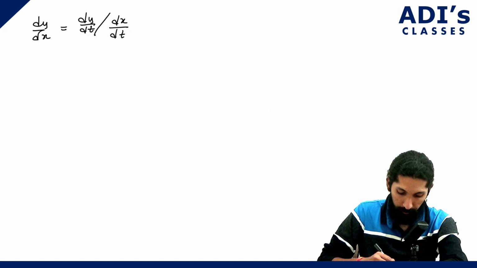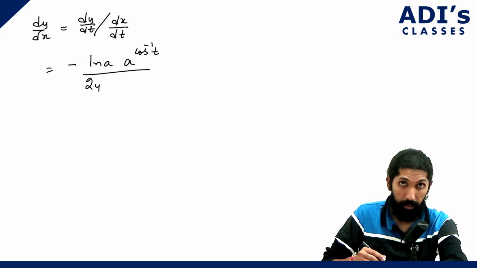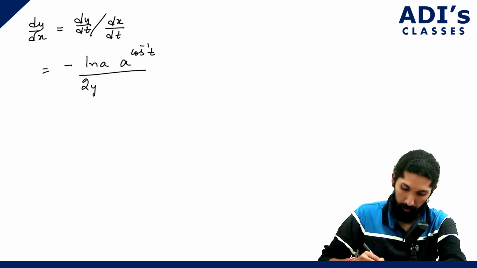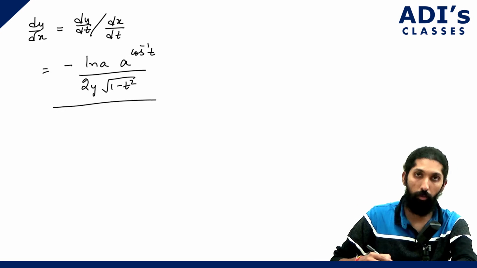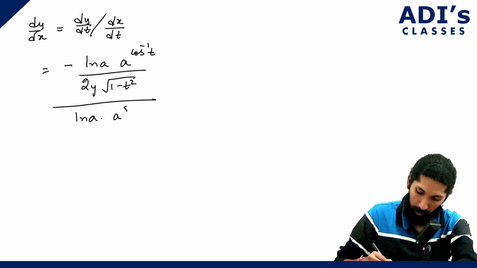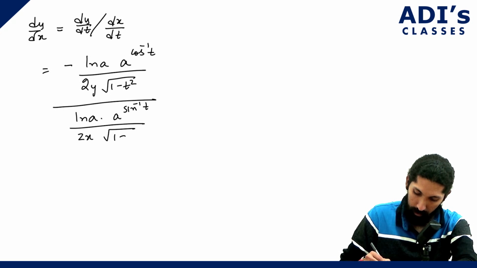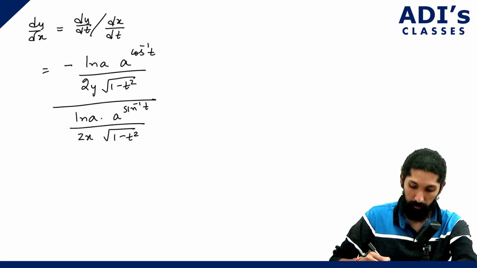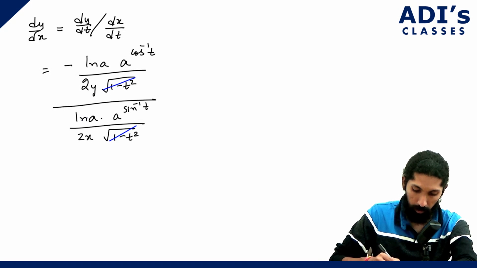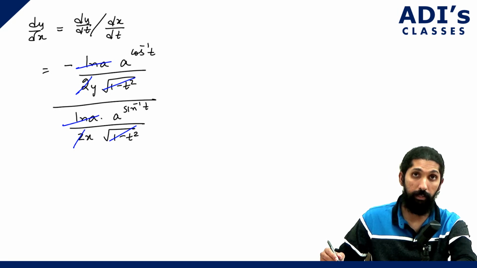We have minus log of a into a power cos inverse t by 2y into root 1 minus t square, over log of a into a power sine inverse t by 2x into root 1 minus t square. So what are the things which cancel out? These two cancel out. Log a cancels. 2 and 2 cancel out. Correct?